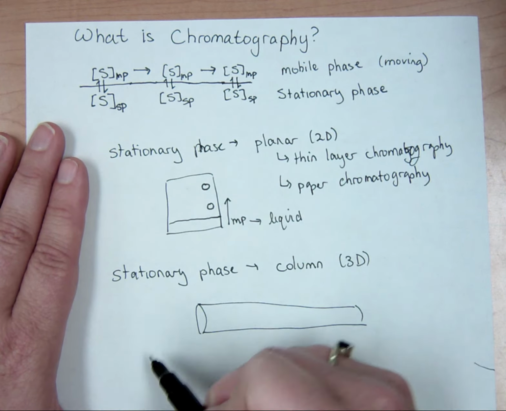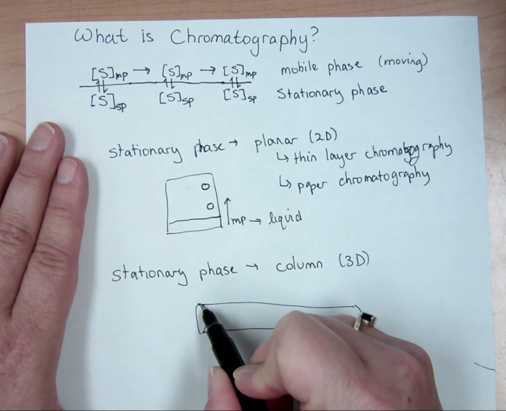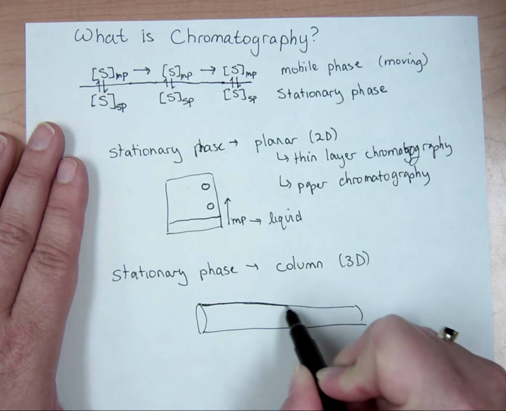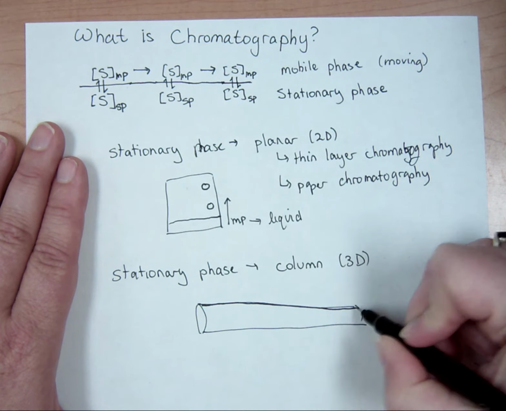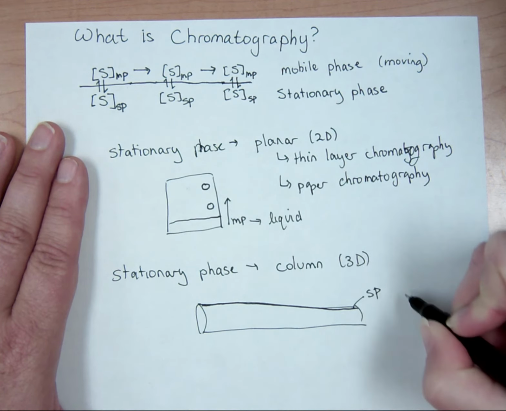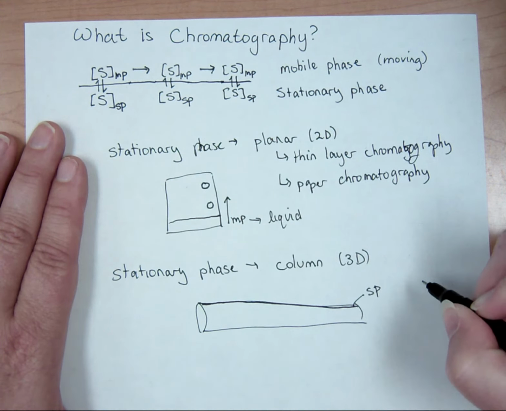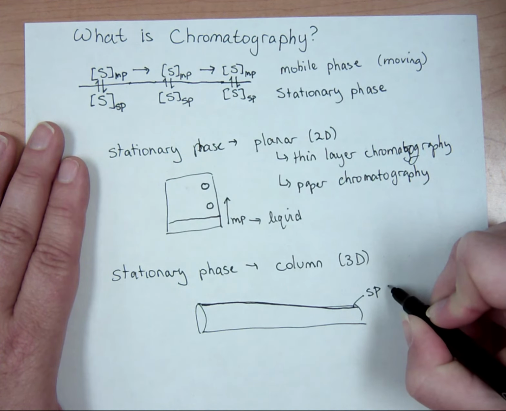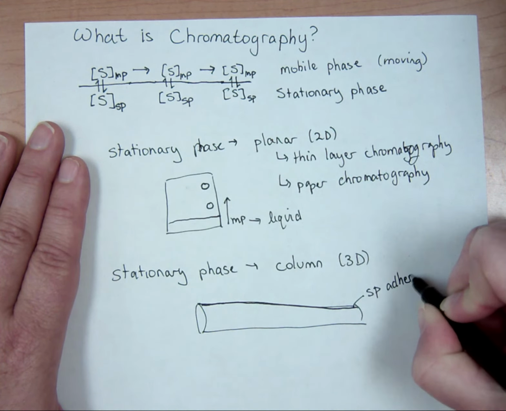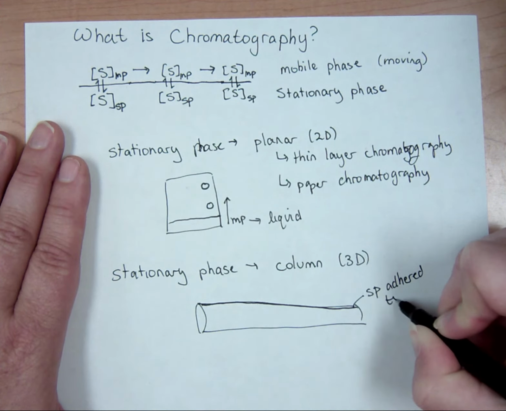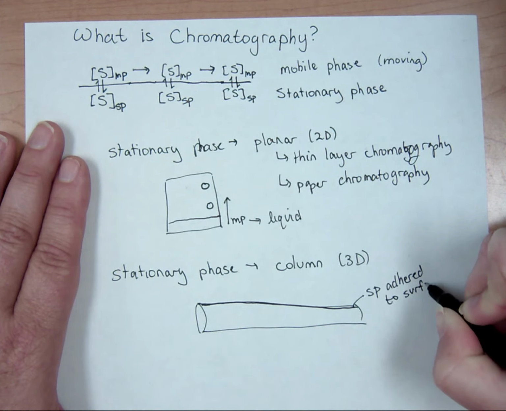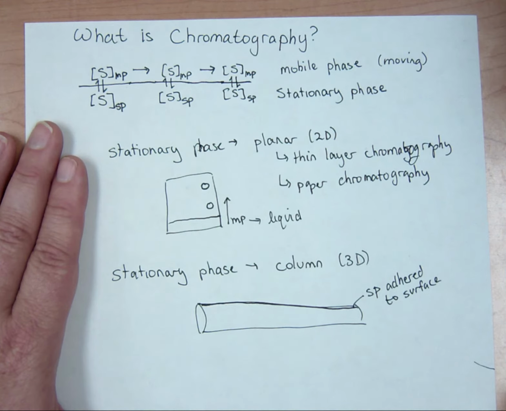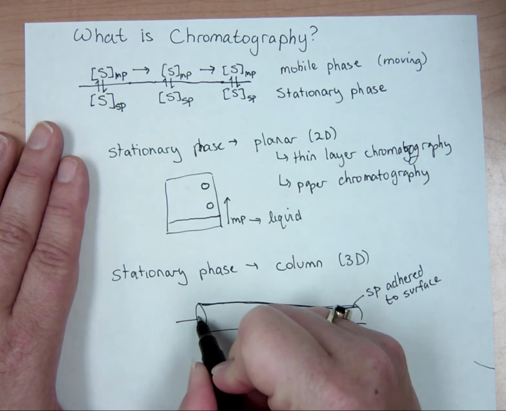And so in this tube, lined on the surface, we might have our stationary phase. And I always abbreviate this SP because I don't like writing stationary phase every time. So the stationary phase is adhered to the surface. And so our mobile phase flows through the center.